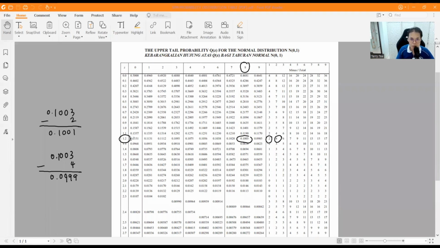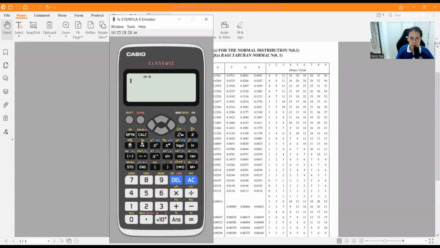So when you read, it is 1.281 or 1.282. Both answers are still okay. But I know you'll be thinking, which one should I take? If you have this calculator, we can use this function. This is the most accurate way. You press mode, take 7, go to number 3, inverse norm.